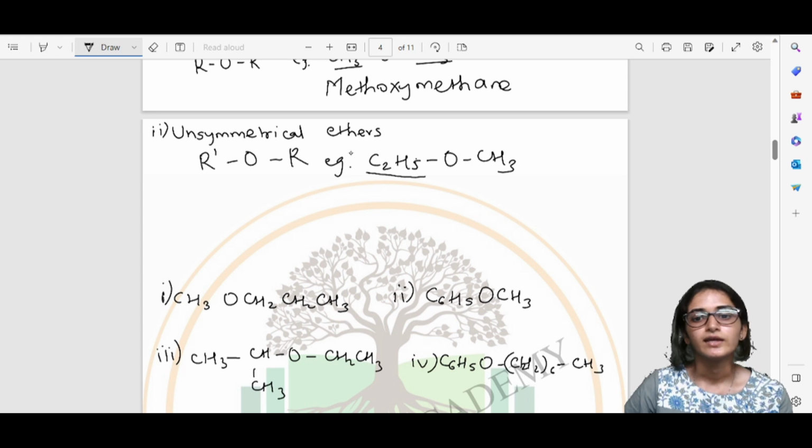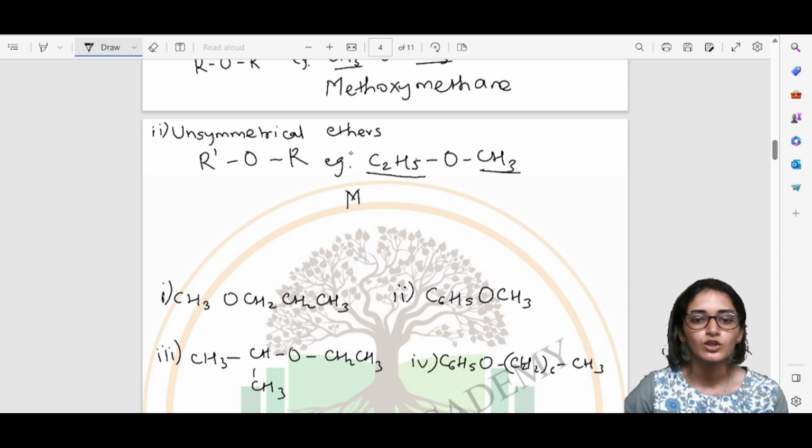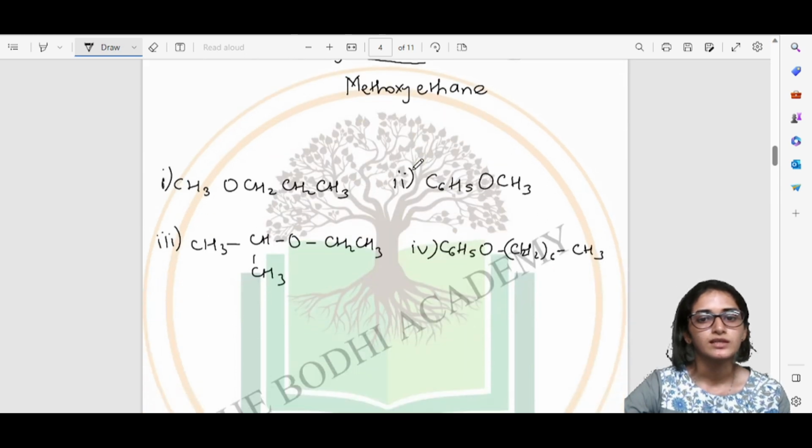So here, if you see this, there is only one carbon, here there are two carbons. So the name will end with this, and will start with this. So the name of this will be methoxyethane.